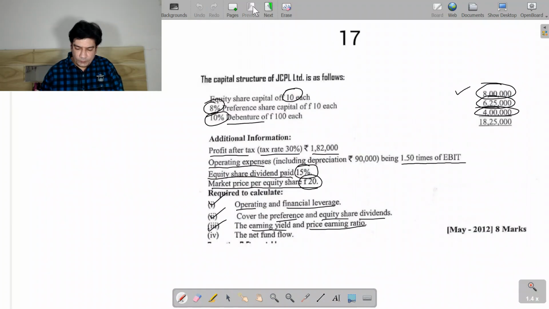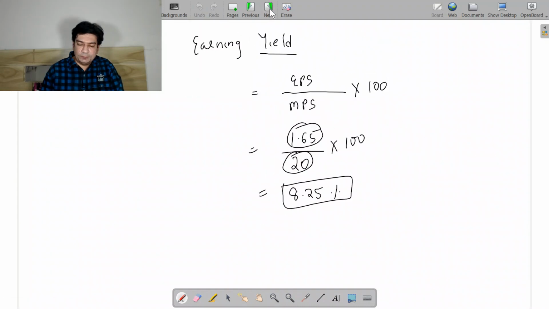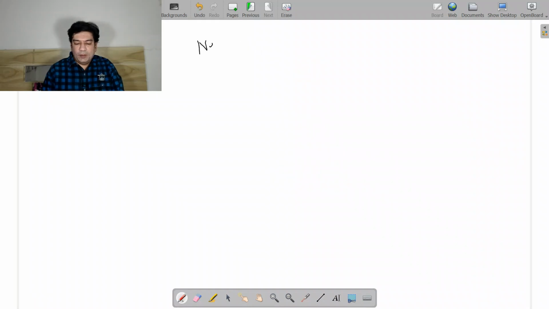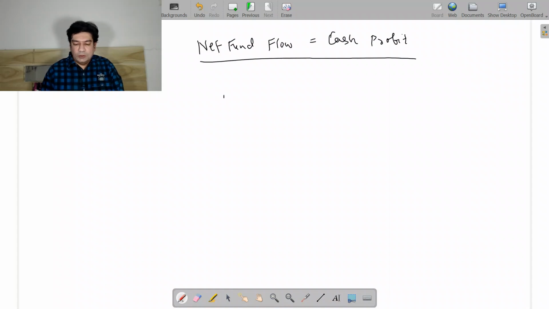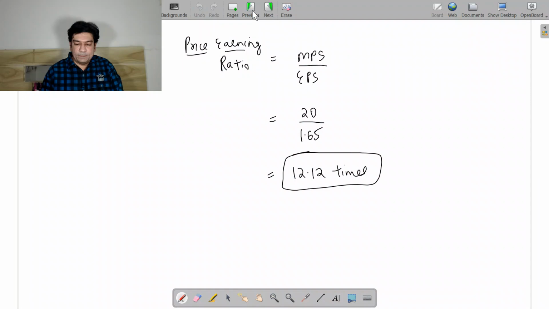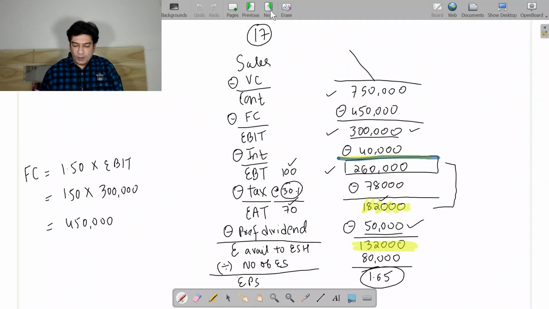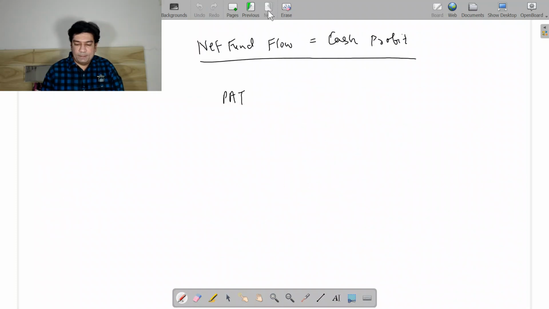Now we have to find the net fund flow. This is an important part. When they talk about net fund flow, they are talking about how much cash profit is available to you. You have a profit after tax which is 1,82,000.